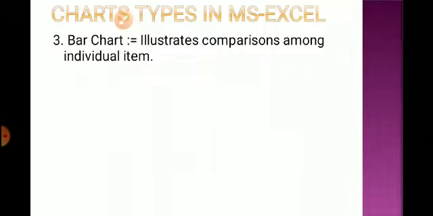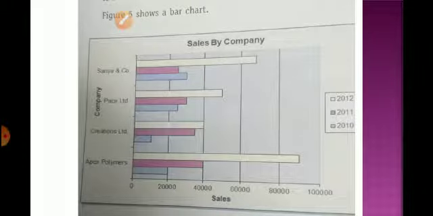Okay, children, the next kind of chart is bar chart. It illustrates comparisons among individual items. See, this bar chart illustrates comparisons among individual items. This is bar chart.